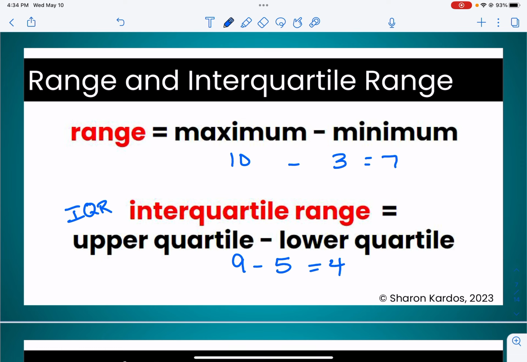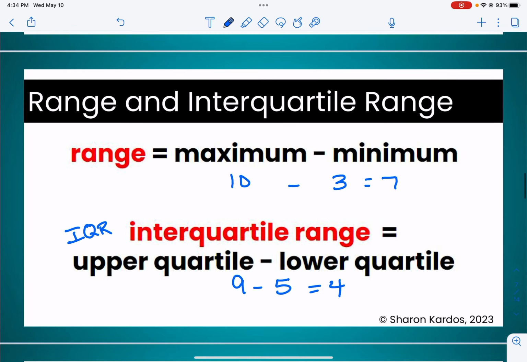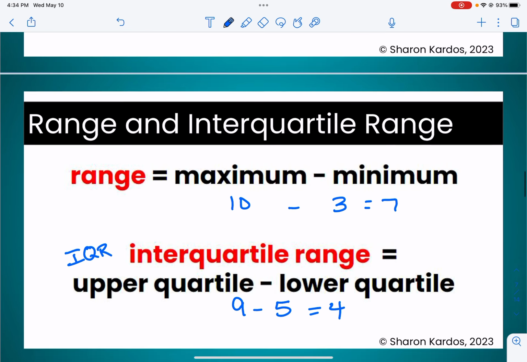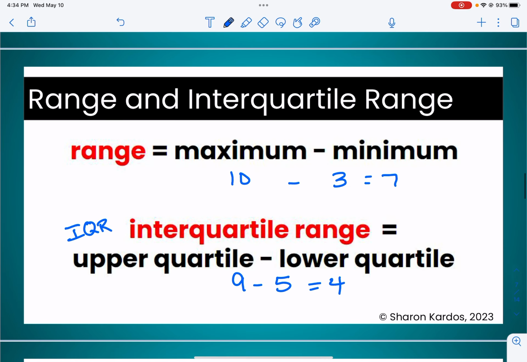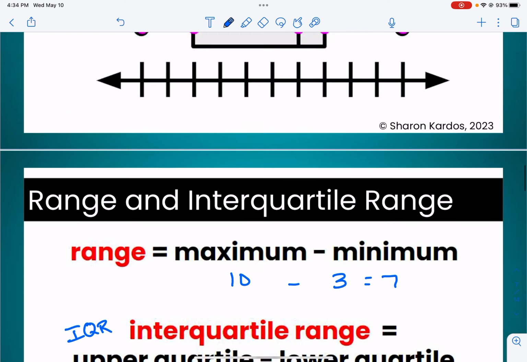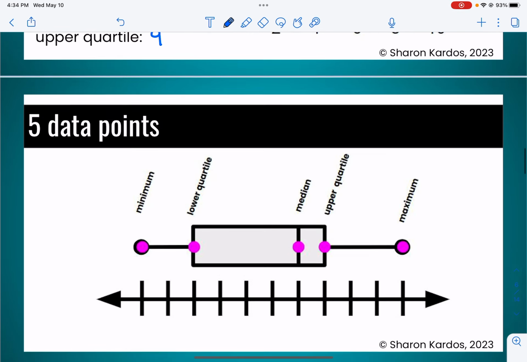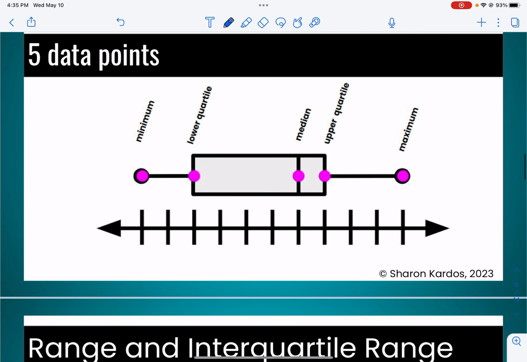Now, why do we care what the interquartile range is? So, for instance, if I have a huge set of data and I'm trying to analyze it, lots of times when I'm looking at my data, if I have, say, a long whisker, then I might want to throw out that portion of my data, because maybe I have an outlier that is skewing my data.